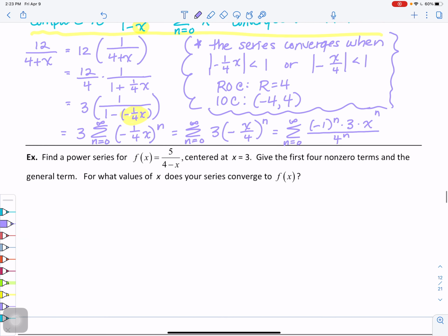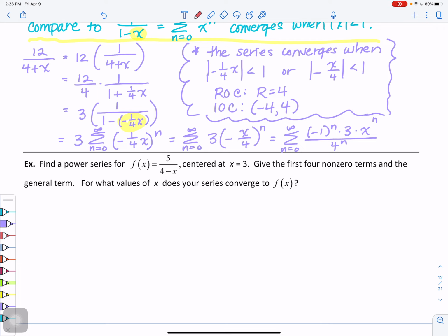And by the way, this absolute value here, you can have the negative come out, and you can have the absolute value of x all over 4 is less than 1. So the absolute value of x is less than 4. So x is on that interval from -4 to 4. I hope that helps. Okay.